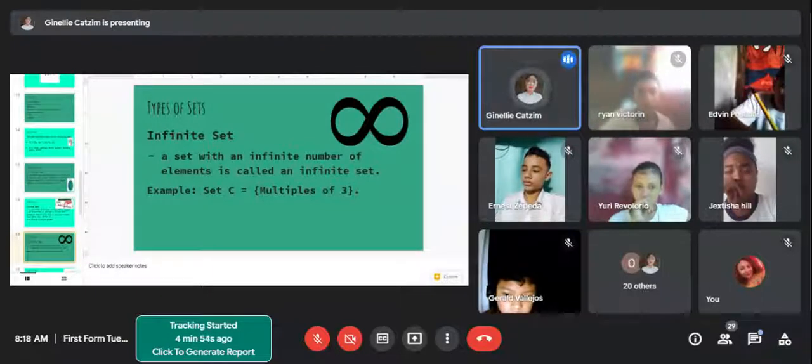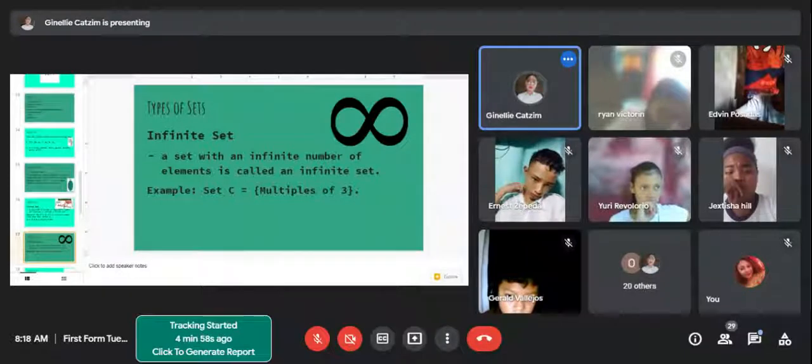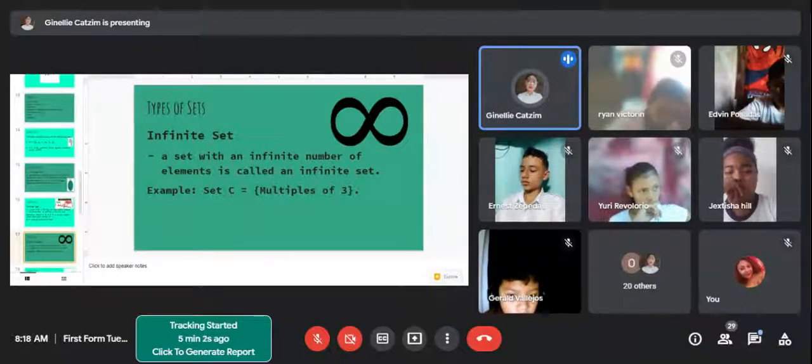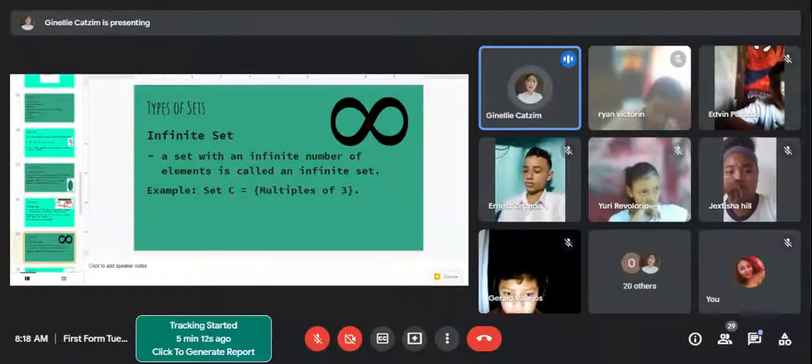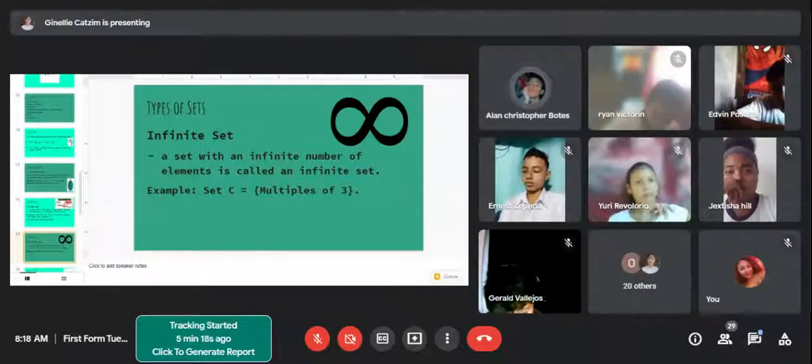Now, infinite sets are the opposite, right? It's a set with an infinite number of elements. We cannot count them. We can count maybe the first 3 of them, but we cannot count the rest. It's a huge list. A good example of an infinite set is the stars. Can we count the stars? No. We can try, right?